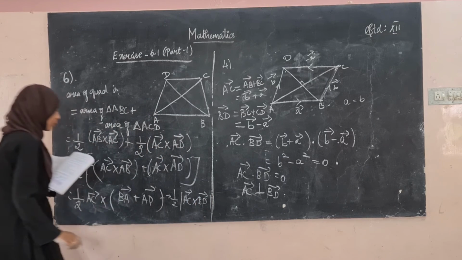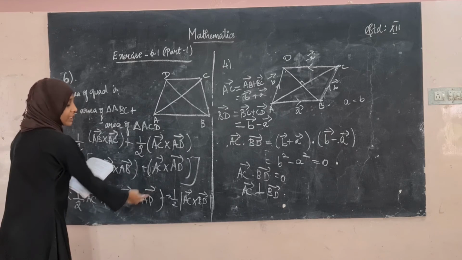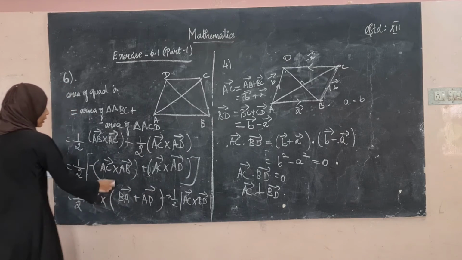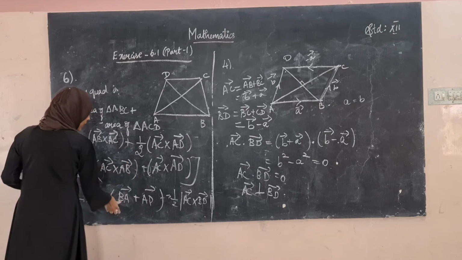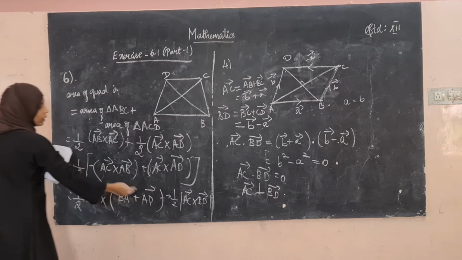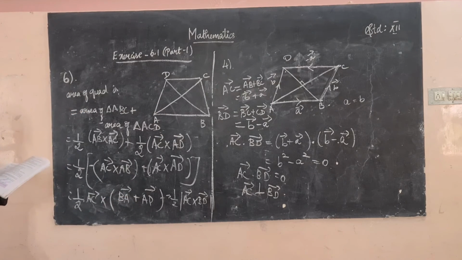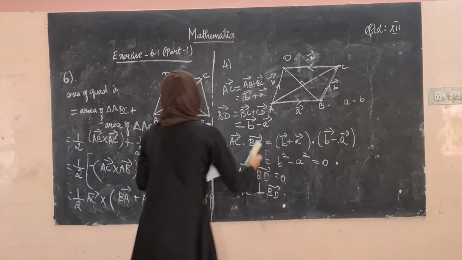This is what you have to prove, right? We took the AC outside, and here one minus is there, minus AB, change that to BA vector. We know that BA vector plus AD vector is BD vector. So with that we found the answer. Hence proved. Now let us see the seventh sum.